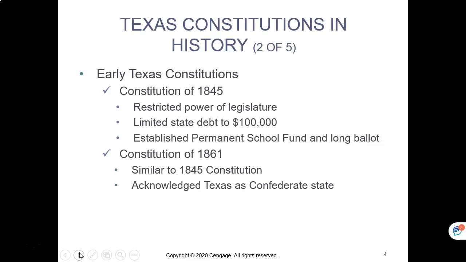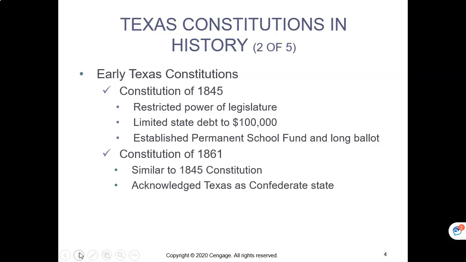So Texas was clicking right along. And of course, it was admitted to the Union as a slave state. In 1861, Texas decided that it was going to join the Confederate States of America.